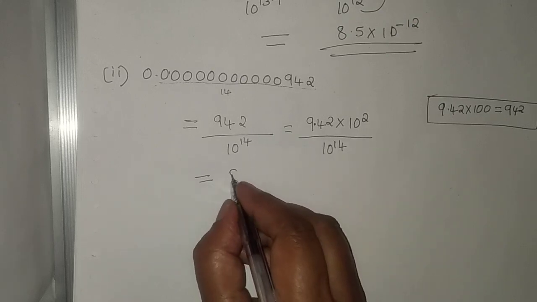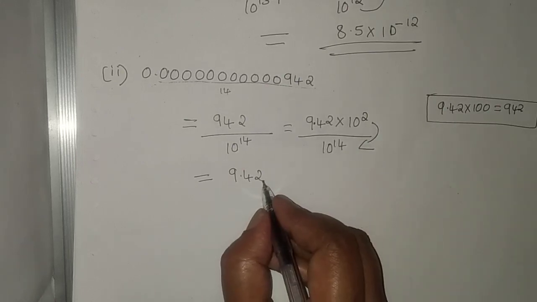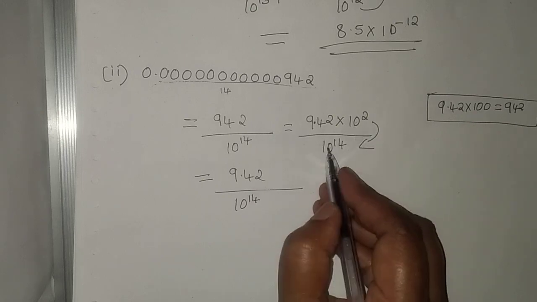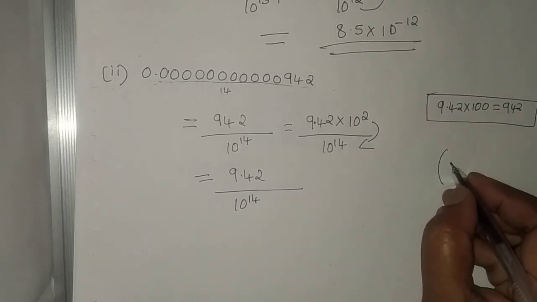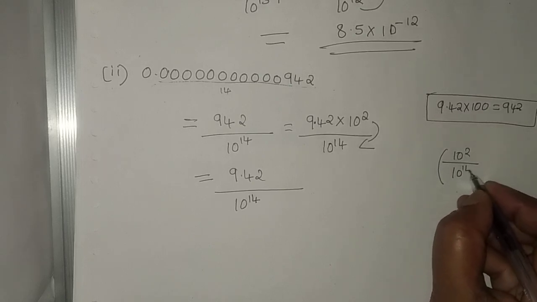Therefore, next is the same thing as we did for the previous problem. Bring these to the numerator, into 10 power 14. Both the bases are same, so we have to take like this: 10 square by 10 power 14.